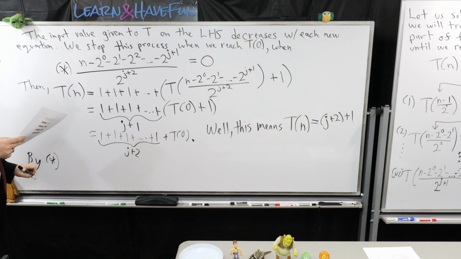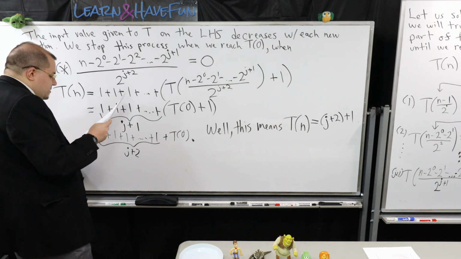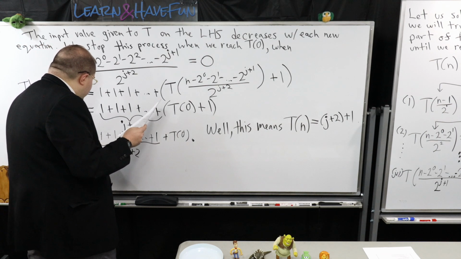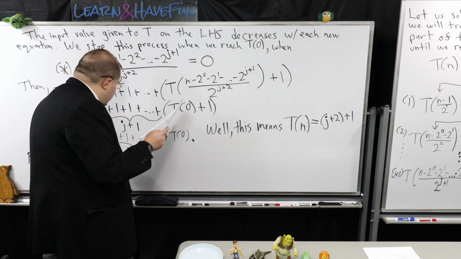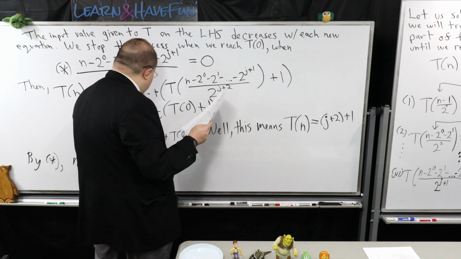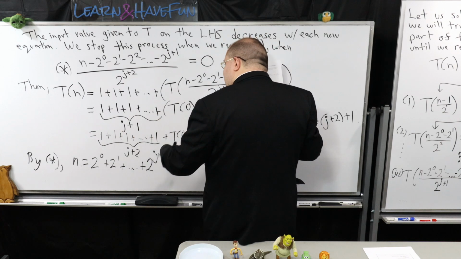By the same rationale I just explained a moment ago, I can rewrite this equation as follows. n is equal to 2 to the power of 0 plus 2 to the power of 1 plus up to 2 to the power of j plus 1.